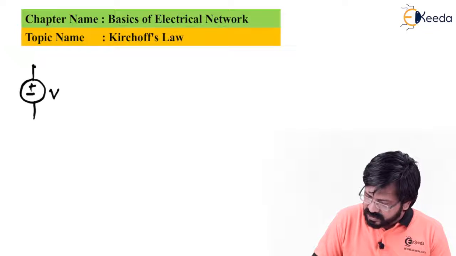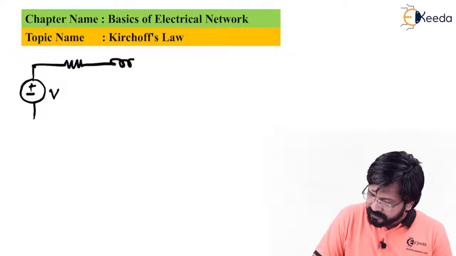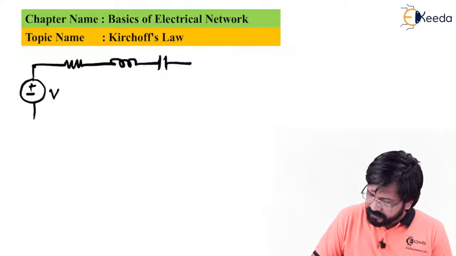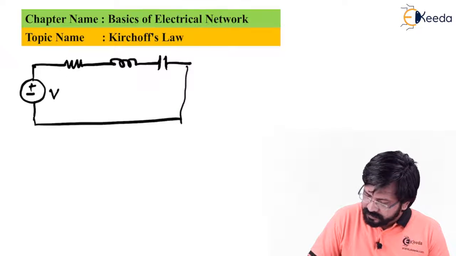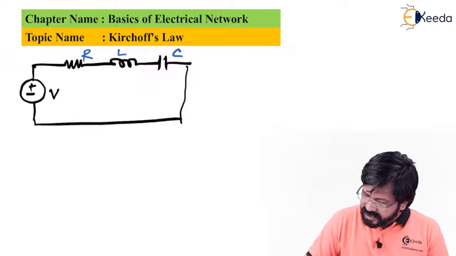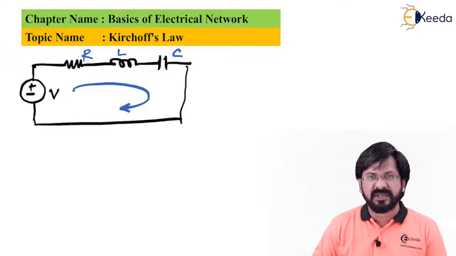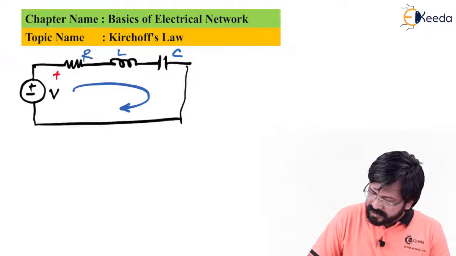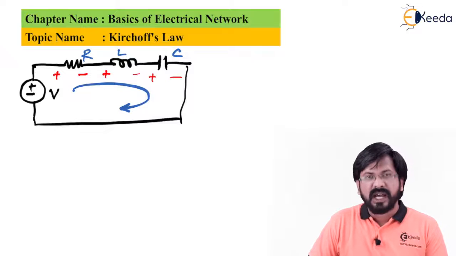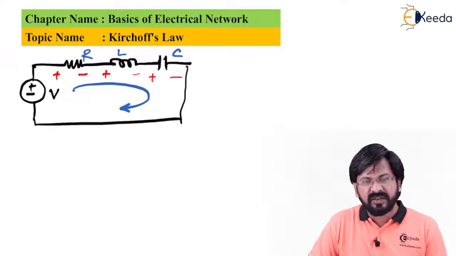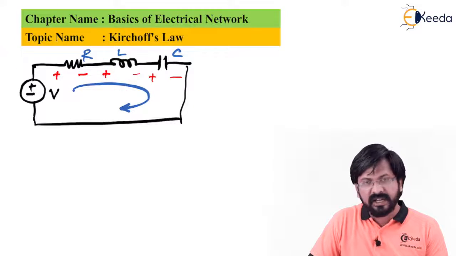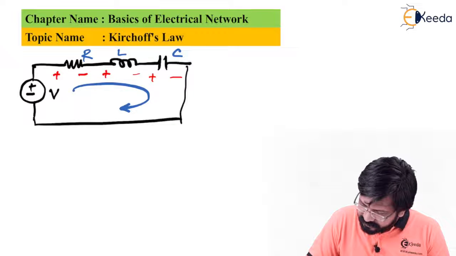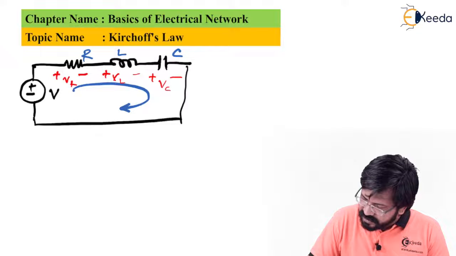I'll say this is the total voltage V. We have three elements here: R, L and C. Let us assume the current is flowing in this direction, which is clockwise. Mark the polarity like this: voltage across R, voltage across L, voltage across C. Assuming the voltage across R is VR, across C is VC and across L is VL. So this is VR, this is VL and this is VC.